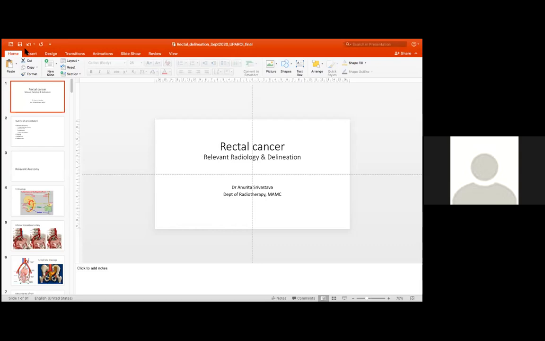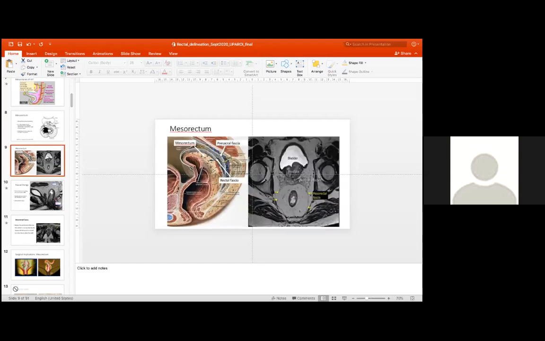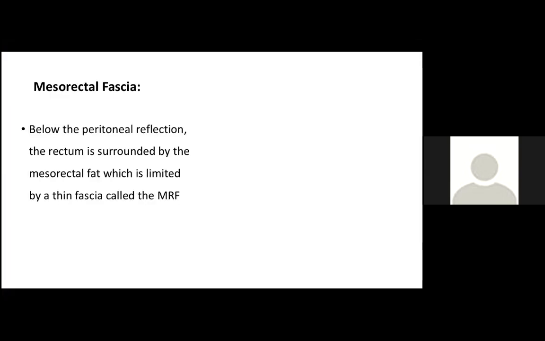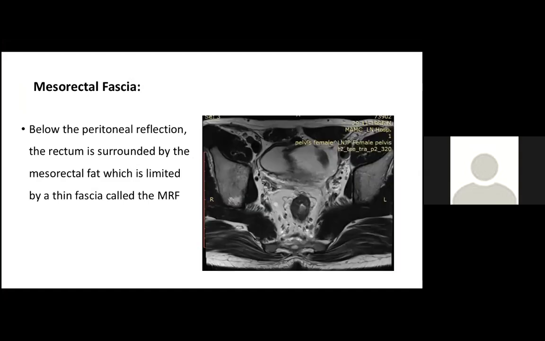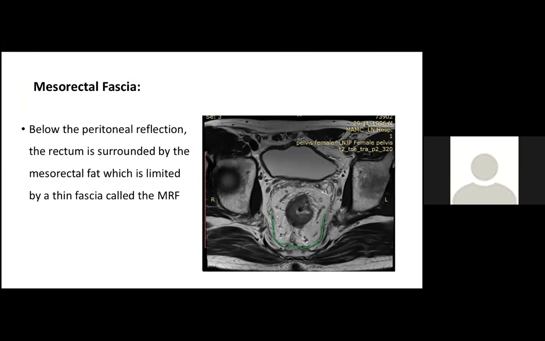If you see the rectum surrounded by the levator ani, some fatty tissue is also visible. So just hold on, I'm trying over here. We can very well see the mesorectal fat, right? The green boundary.